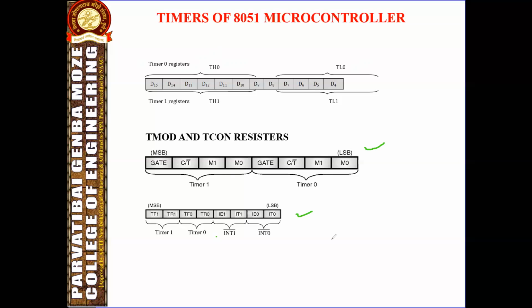Both Timer 0 and Timer 1 use the TMOD register to set the various timer operations and modes. Here M0 and M1, if these two bits are set to 0, then it is the 8-bit timer or counter, with TLX as an 8-bit prescaler.